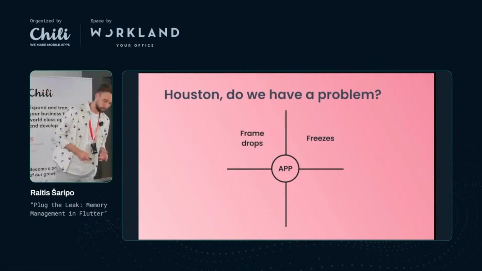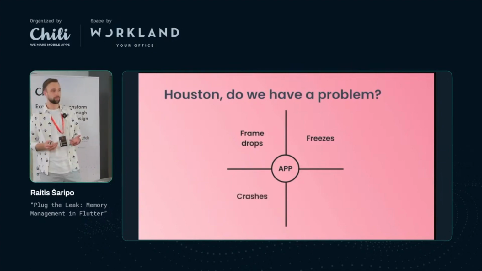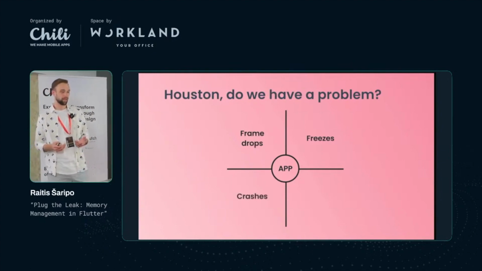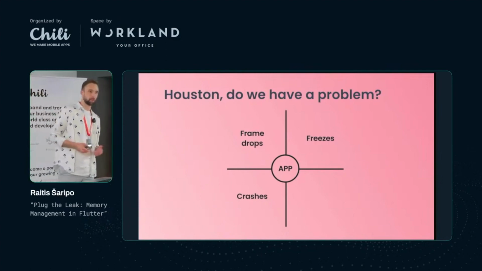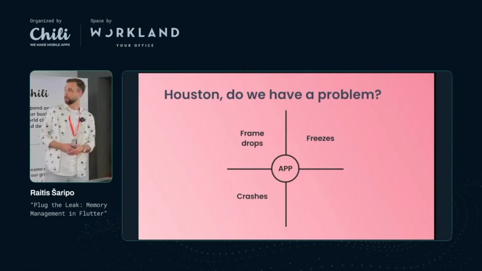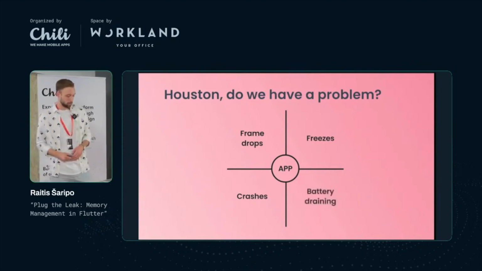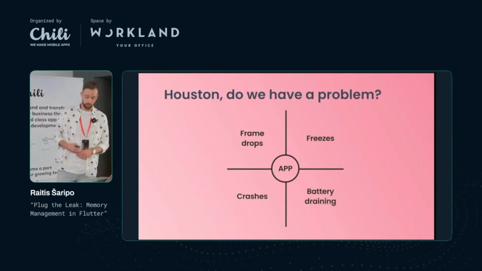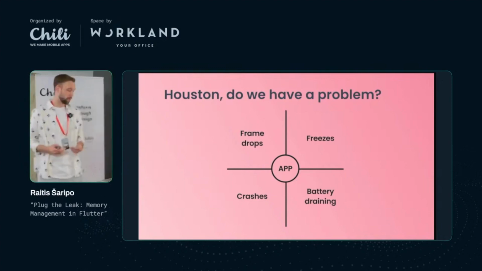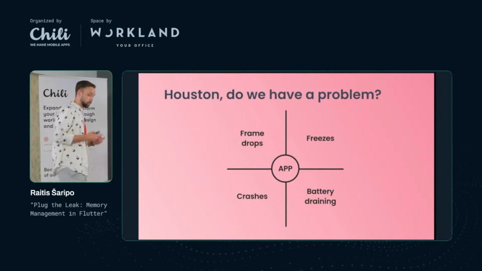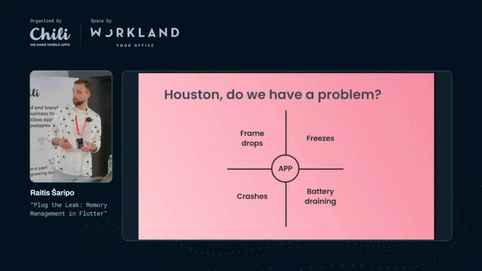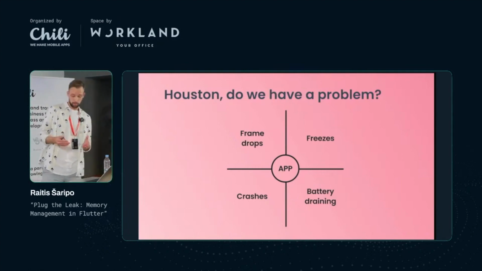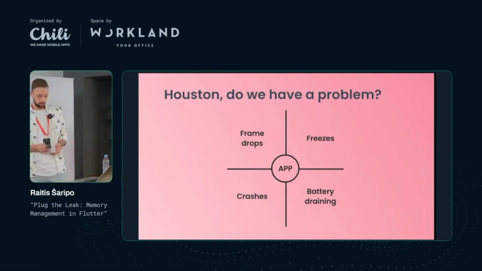Okay, cool. What about app crashes? Yeah, especially the ones with out-of-memory error in case of debugging the app. Let's just add one more: increased battery consumption. For example, the app is putting too much of a load on a processor, although it shouldn't.